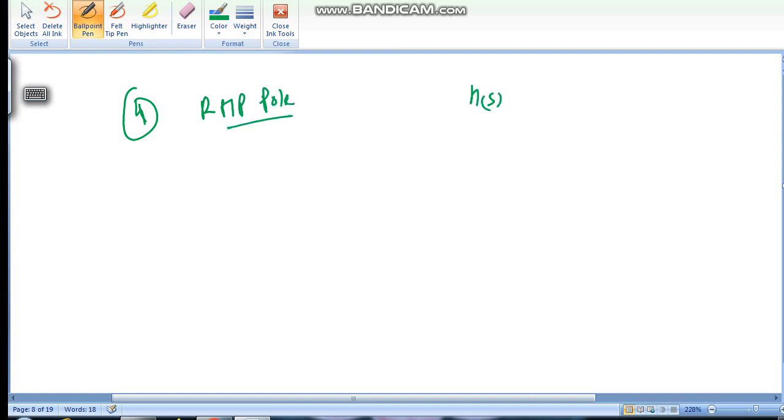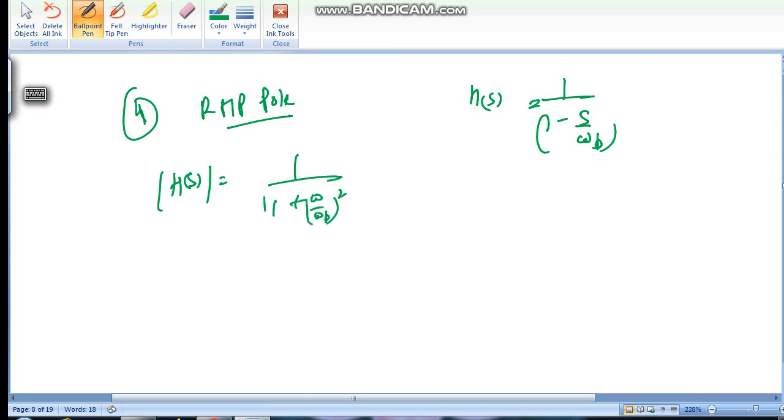It is given by 1 by (1 minus s by omega p). In this case the magnitude is given by 1 by square root of 1 plus (omega upon omega p) squared. It means as frequency increases, magnitude reduces.